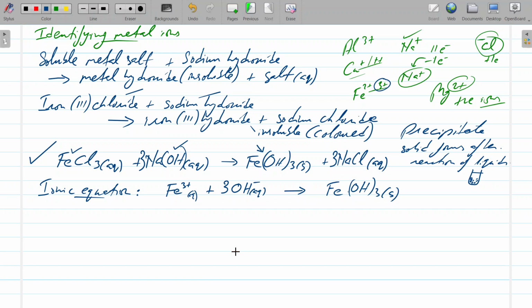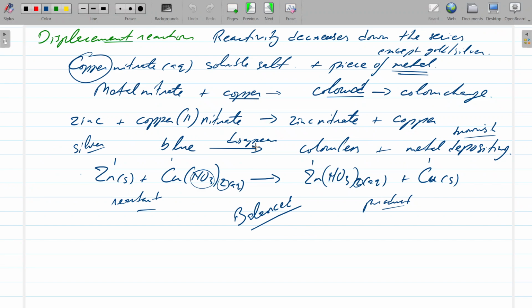So what's an ionic equation? It looks at the ions of interest and how they react. In fact, if I go back over here, we have an ionic equation for the displacement reaction as well. What's that going to look like? You've got elemental zinc over here, so that's Zn.